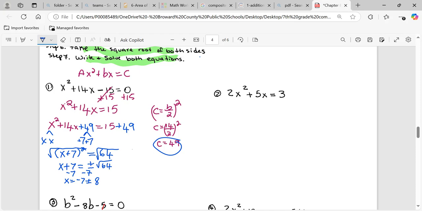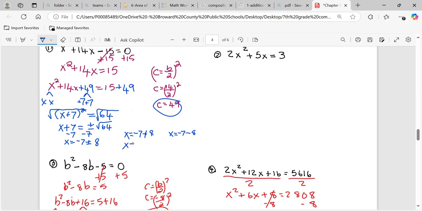So then now I am going to go ahead and solve. x is equal to negative 7 plus 8, and x is equal to negative 7 minus 8.